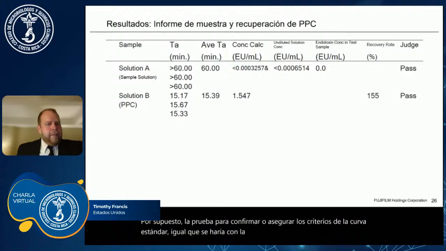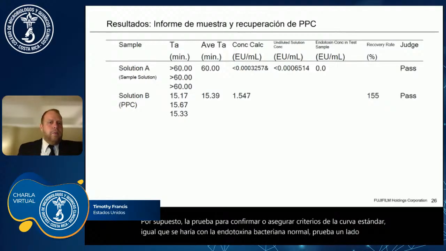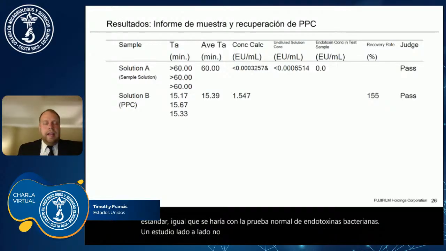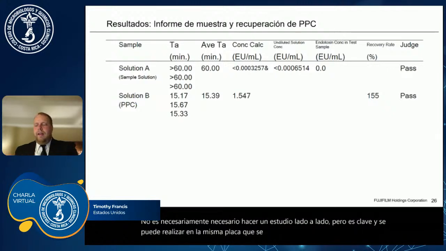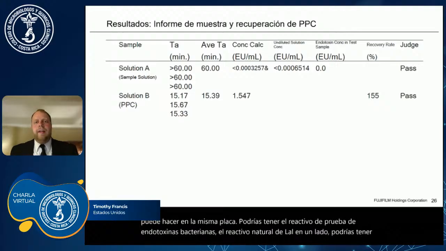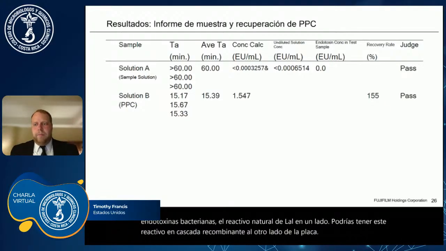A side-by-side study isn't necessarily required, but is key. That could be performed on the same plate. You could have the bacterial endotoxin test reagent, the natural LAL reagent on one side. You could have this recombinant cascade reagent on the other side of the plate. Very nice side-by-side reports with that.